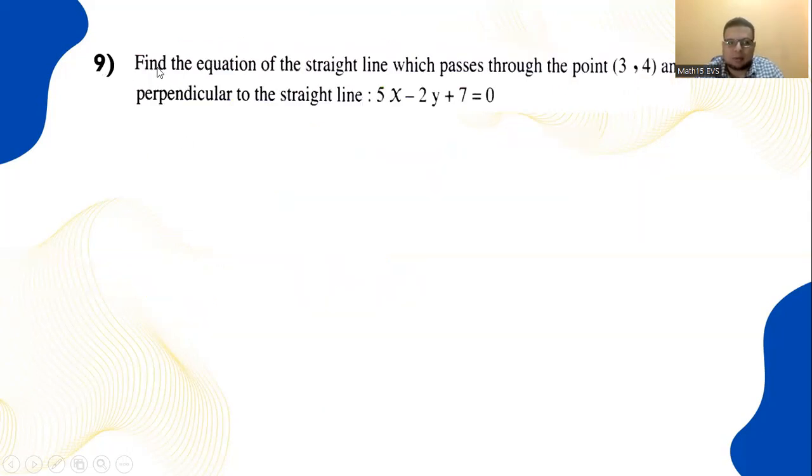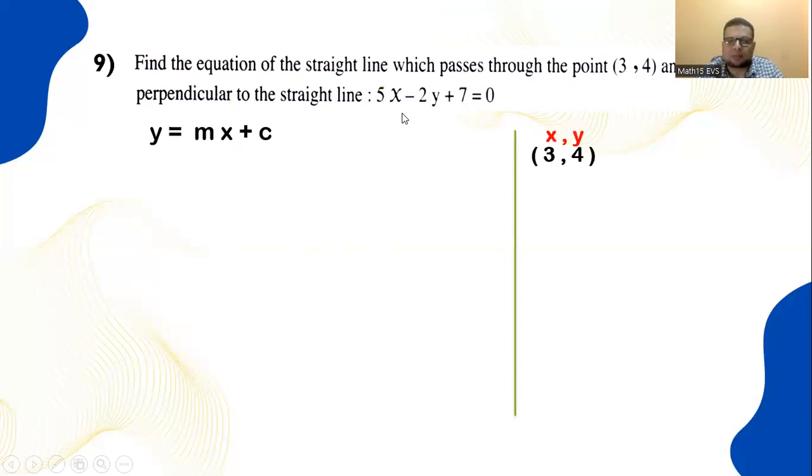Number 9. Find the equation of the straight line which passes through the point (3, 4) and is perpendicular to the straight line 5x minus 2y plus 7 equals 0. I mean the equation passing through this point and perpendicular. Okay, so the required equation will be y equals mx plus c. I need m and I need c. What is given? You have a point 3 and 4 and an equation, and they are perpendicular.